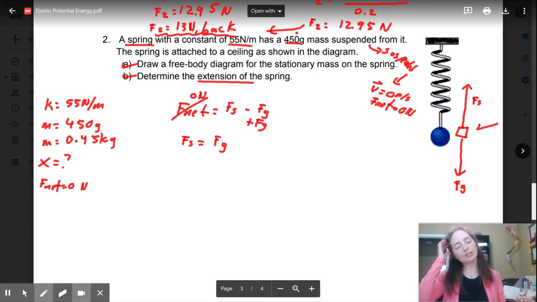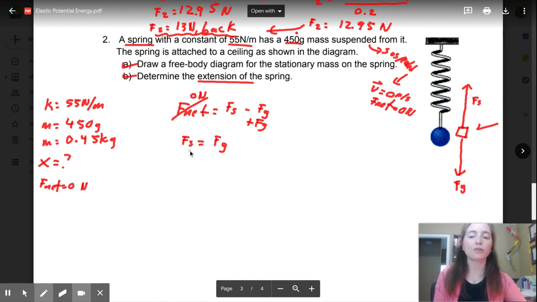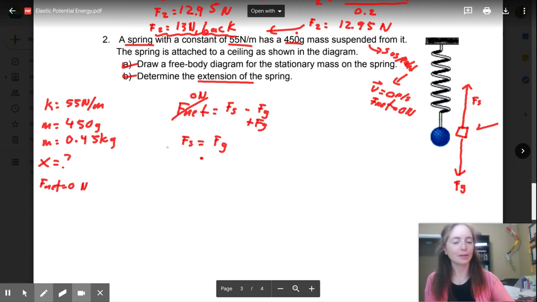So once again, ladies and gentlemen, you guys have two choices here. You are welcome to go and solve for Fg and then equate it to Fs, and then solve for x in a two-step equation. You're more than welcome to do that. What I'm going to do, because it's good practice for when we're going to be needing the skill later, is I'm going to substitute in the numbers.